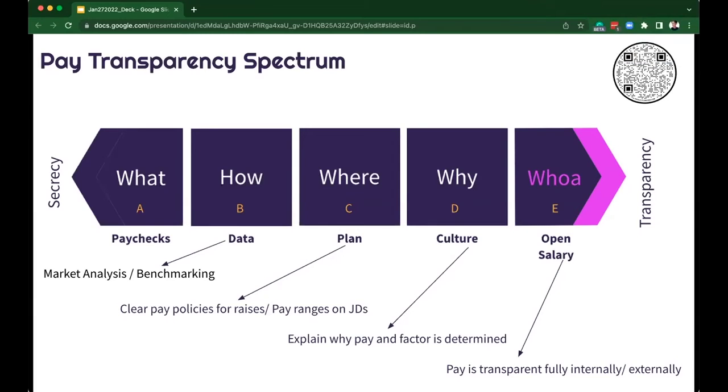What are some of the reasons that leadership has provided to you or to employees why it can't be more transparent, or why it promotes more of a pay secrecy route? Where's the code? It's at the top of the slide. It's the little circle. Yeah, go ahead, pull out your phones. It's going to let you do it.